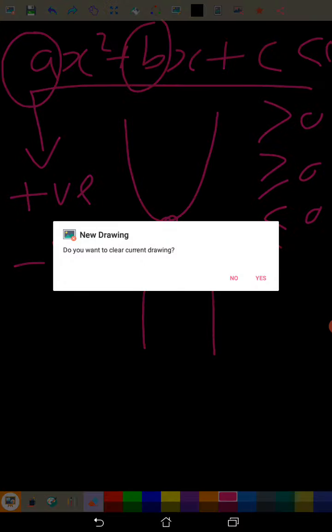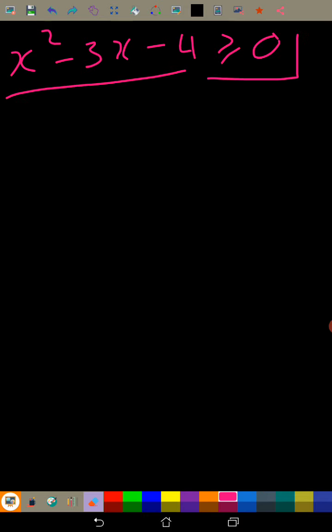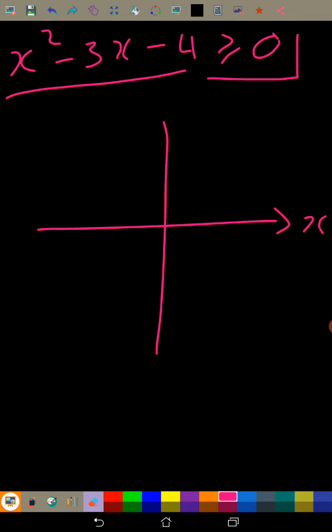And now let's do an example. We have x squared minus 3x minus 4 is greater or equal to 0. So what we want are the values of this expression above the x axis, where y is equal to 0.